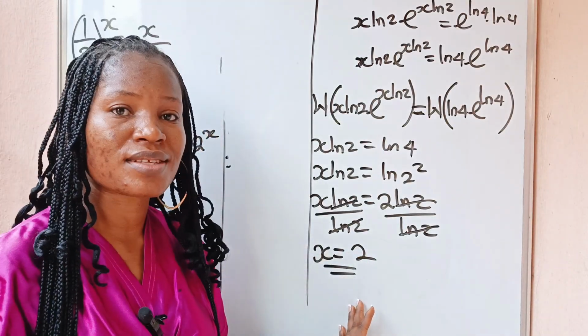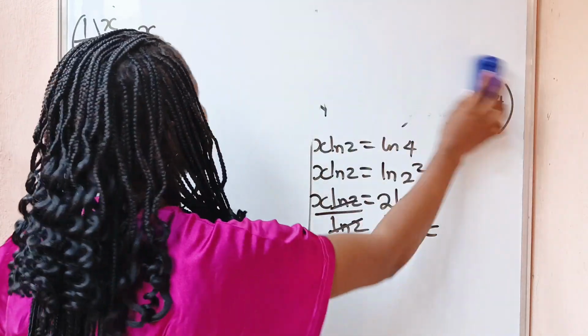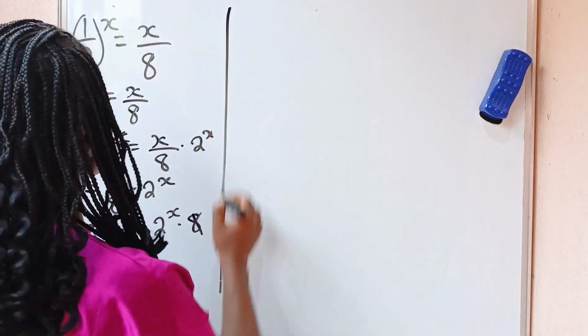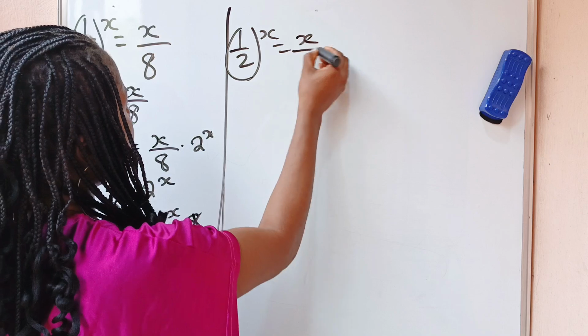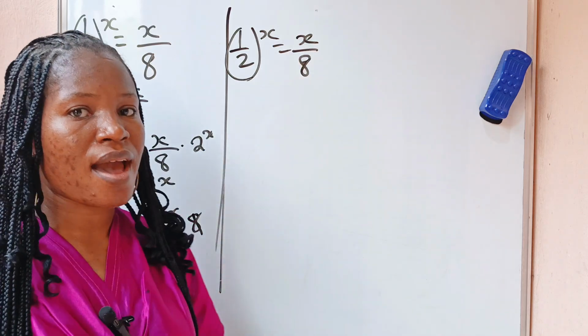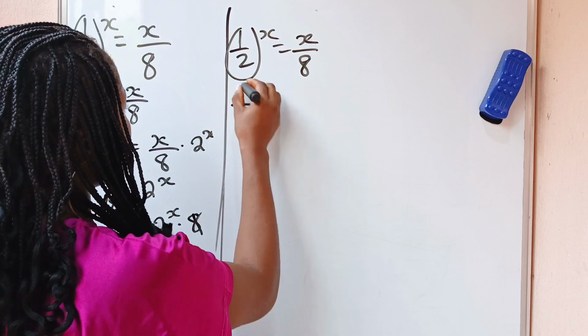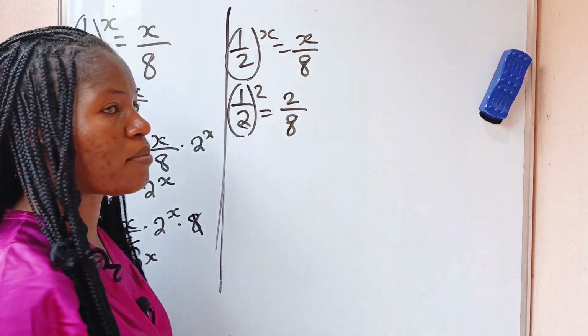Now let us prove that the answer we got is correct. So we got that our x is equal to 2. So let's verify. The question says that 1 over 2 to the power of x is equal to x divided by 8, and we got our x to be equal to 2, right? So we can write 1 over 2 raised to the power of 2 is equal to 2 divided by 8.